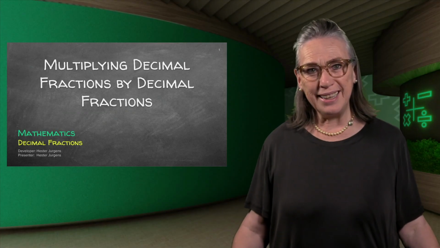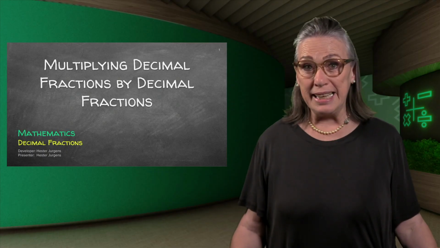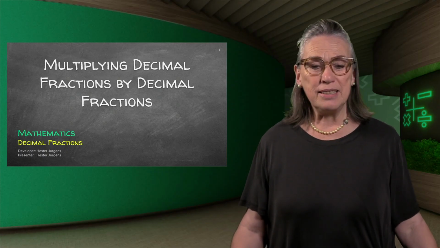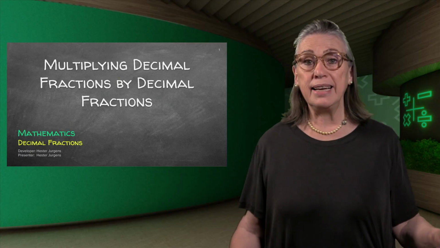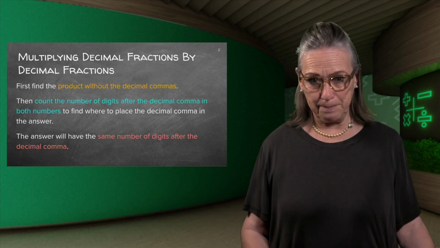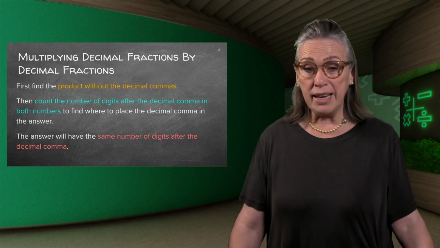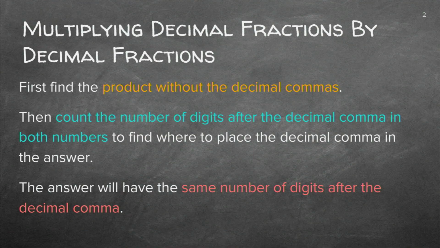Welcome back, everybody. We're going to continue with decimal fractions today, and we're going to do multiplying decimal fractions by decimal fractions. First we're going to find the product without the decimal commas, similar to the previous lesson where we multiplied decimal fractions with whole numbers.